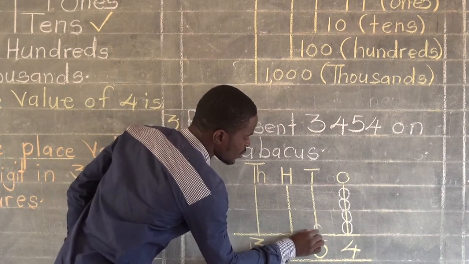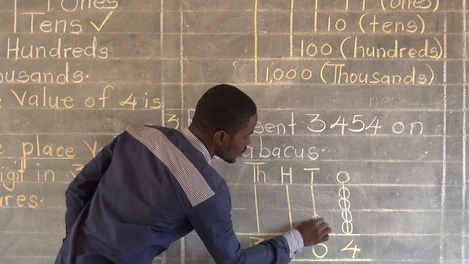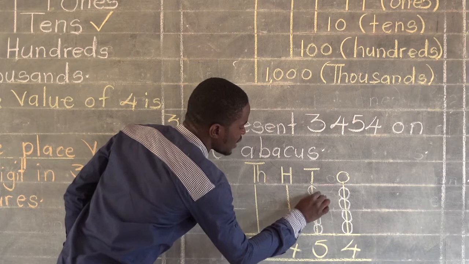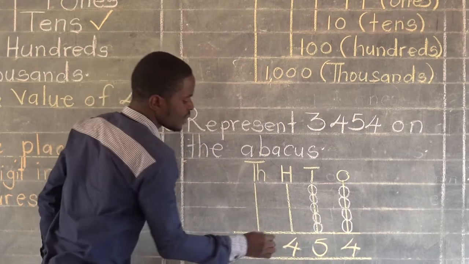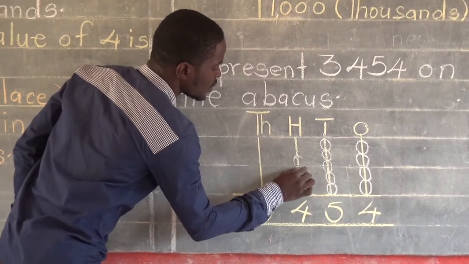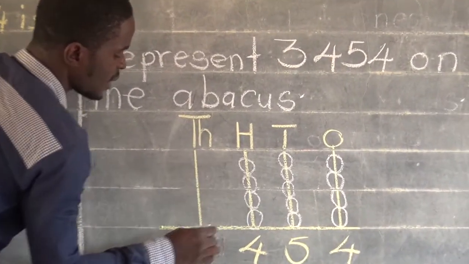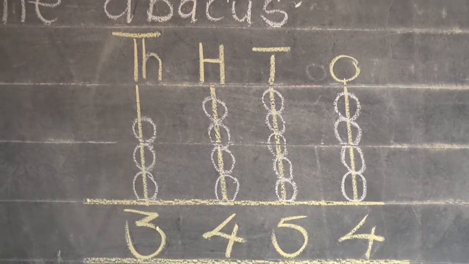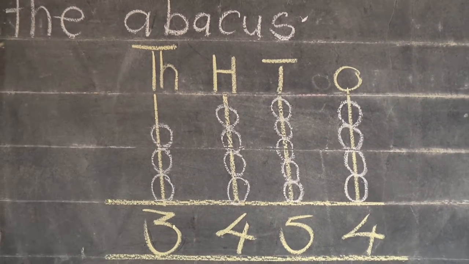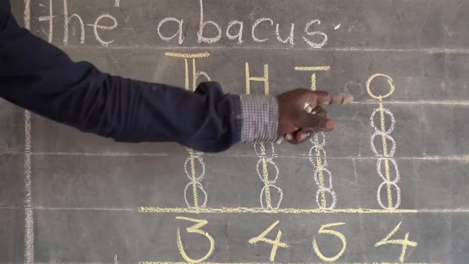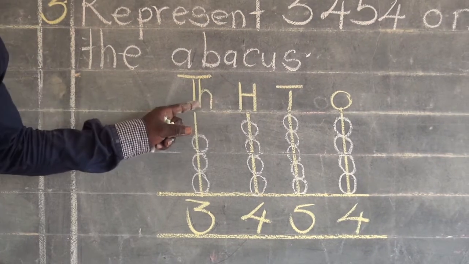We have 1, 2, 3, 4, and lastly 5. Then here 1, 2, 3, 4. Then here 1, 2, 3. So whenever you are given numbers to represent on the abacus, take care of the place values.